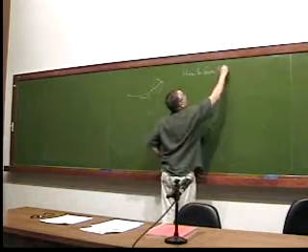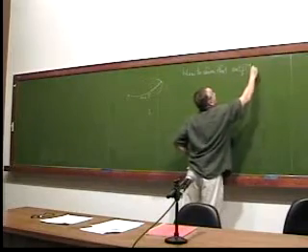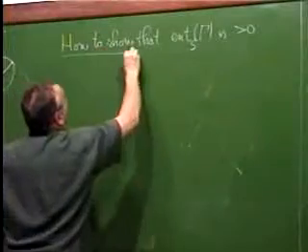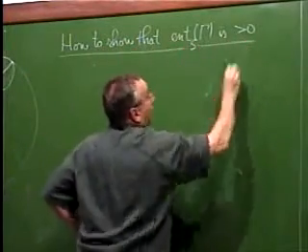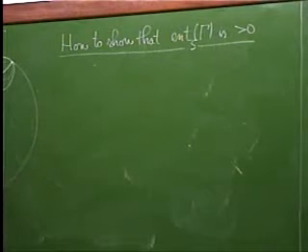How to show that this number is positive. So there is a very classical method which amounts to, we know groups for which this number can be computed and for which it is obviously positive. It's a free group in at least two generators.